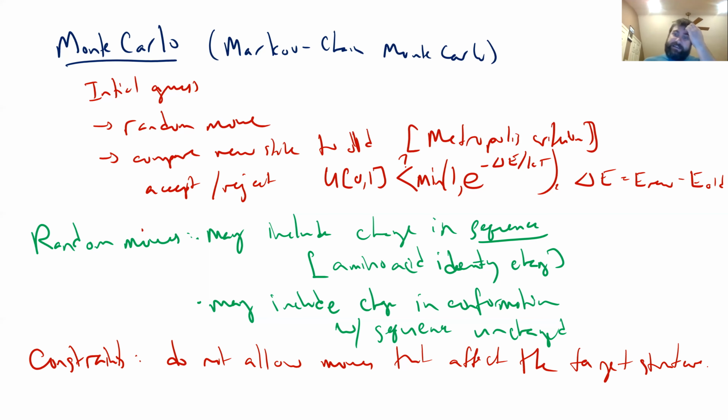This is actually a very easy thing to implement. We start with a backbone that we want. And when we say that we allow moves that change conformation, we only allow moves to the side chains that are a part of the design. We don't include the backbone degrees of freedom as part of the allowed move set.